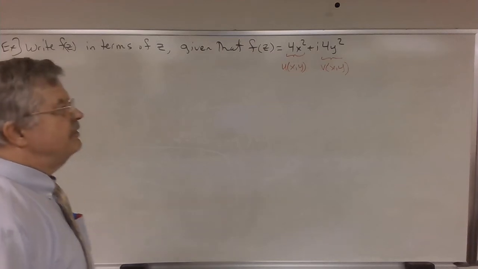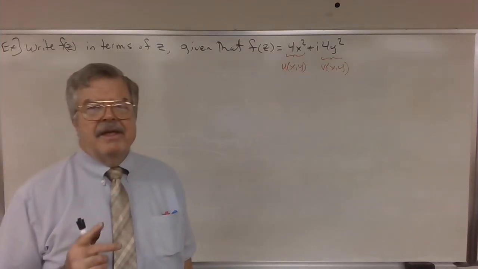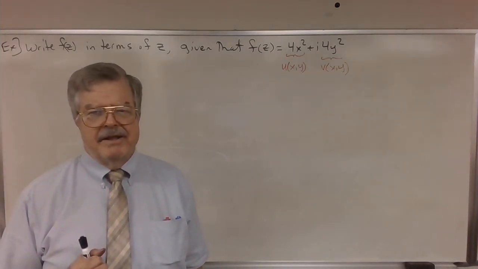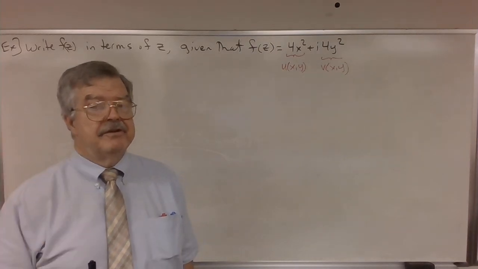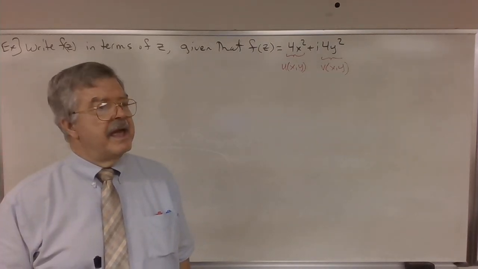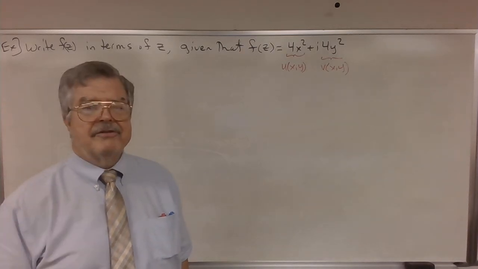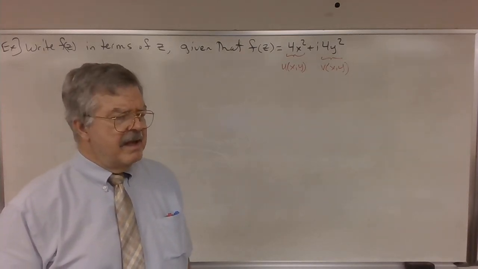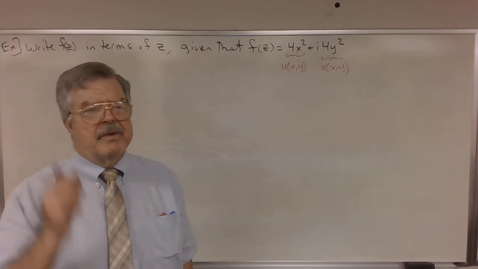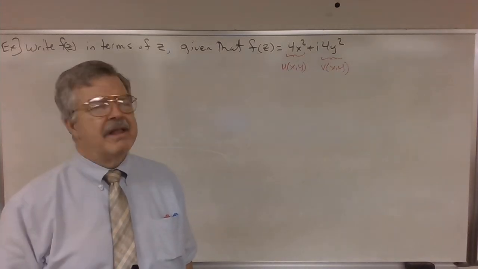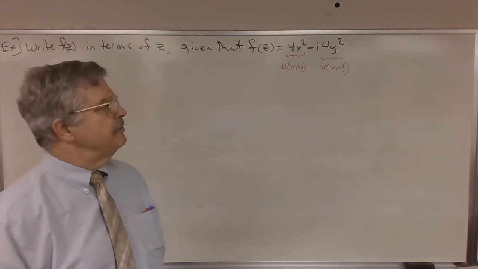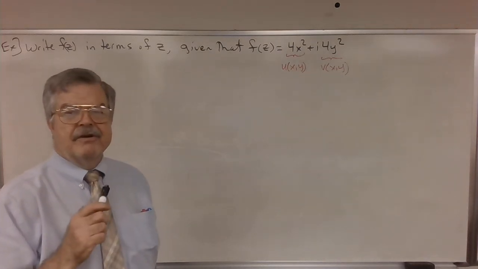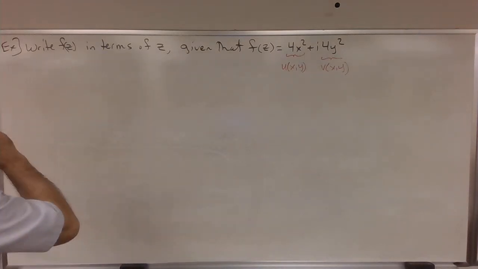Well, I think what we should do is refer to some identities that express x as a function of z, and y as a function of z. I'm pretty sure we've seen them, but we probably haven't done a lot with them since. So let's remind ourselves of what these identities are.